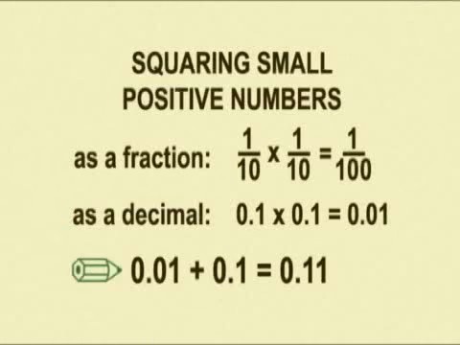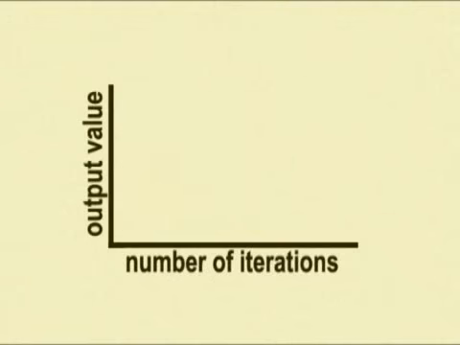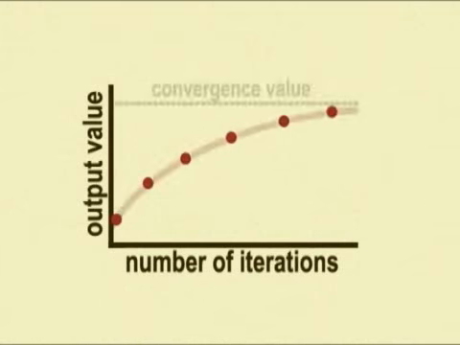If you add back a tenth, you'll get 0.11, an answer that is only slightly larger than your original number. Iterating 1/10, you'll notice that even though the outputs do increase, they increase by smaller and smaller amounts. At this rate, you can iterate the function forever without ever reaching 1. Instead, the outputs will converge on some value close to the original input number.